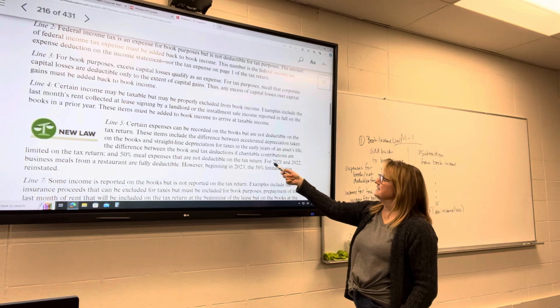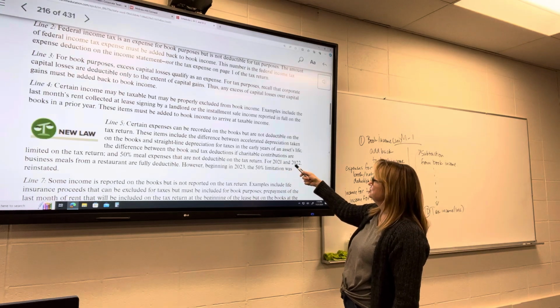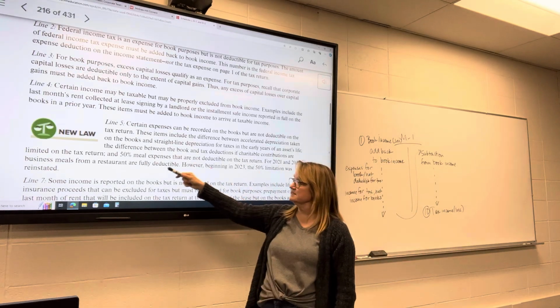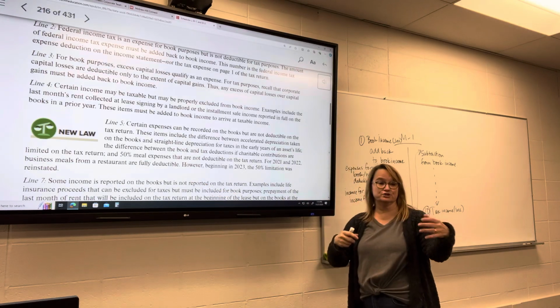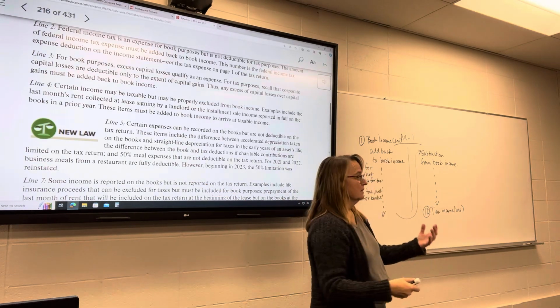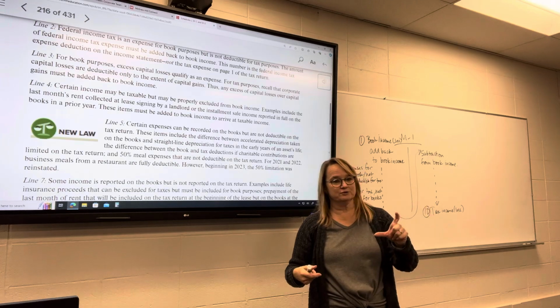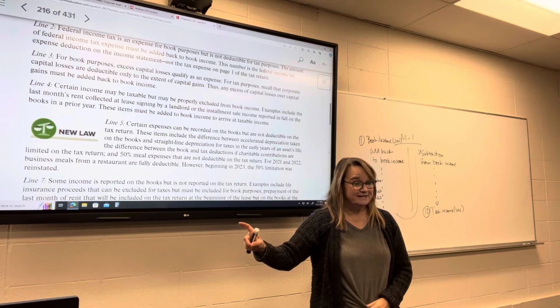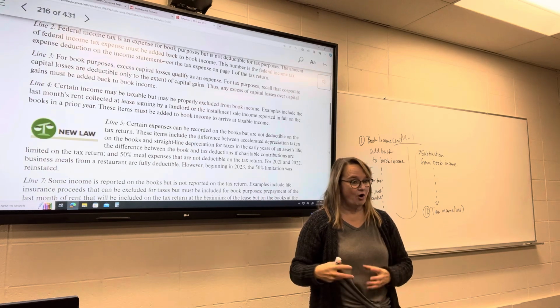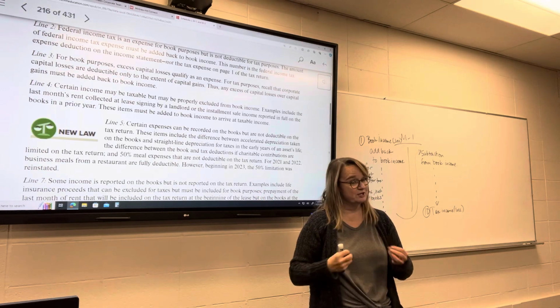Difference between the book and tax deductions if charitable contributions are limited on the tax return. So again, if we have charitable contributions, but the amount of charitable contributions exceeded 10% of our taxable income, we're not going to be able to take all of that expense on our taxes, so there's going to be a difference.